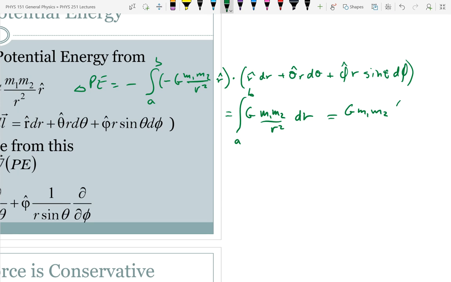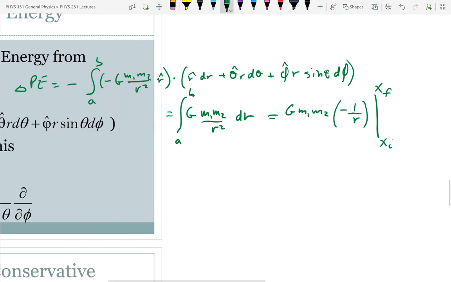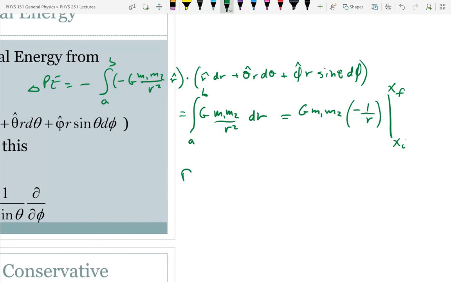Minus 1 over r. And once again, I'll change it from x initial to x final. And so that means that I'm going to have potential energy final minus potential energy initial is equal to minus G M1 M2 over r, or I should have made that r's, not x's.